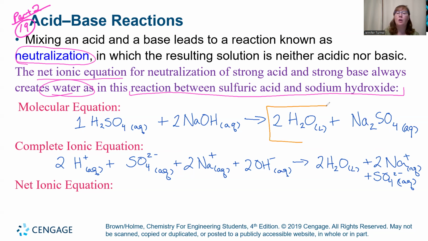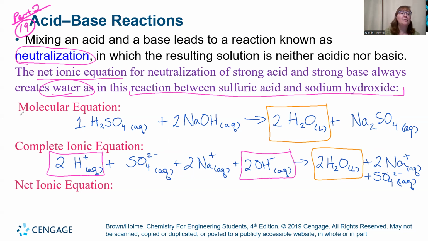You can see these two waters stay the same because they don't get broken up. Now let's take a look at what's actually happening here. You'll notice that our two H pluses and our two OH minuses are forming the two waters. And then you have a sulfate and a sulfate, and those are unchanged. And you have two sodiums and two sodiums, and those are unchanged.